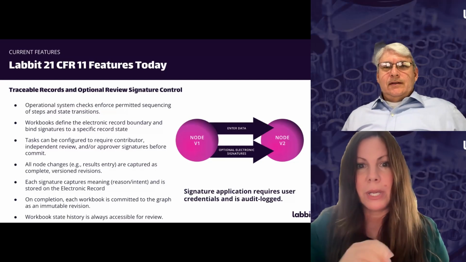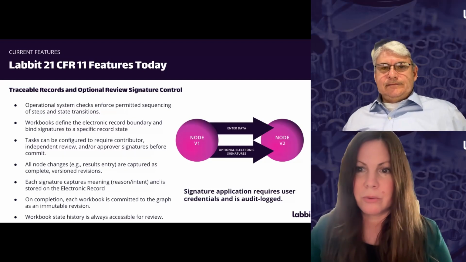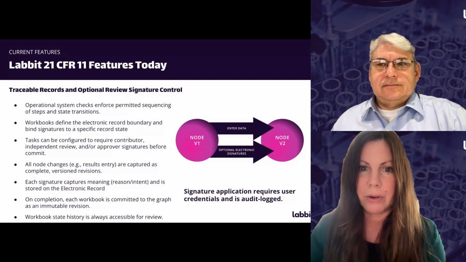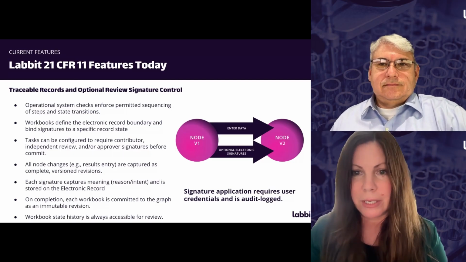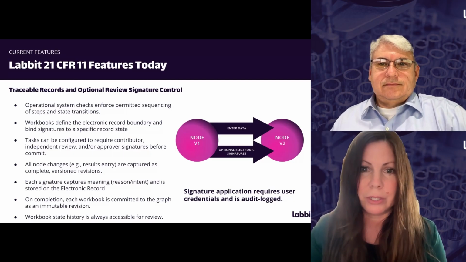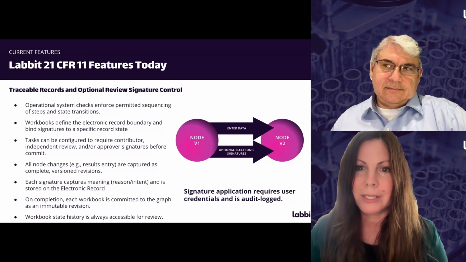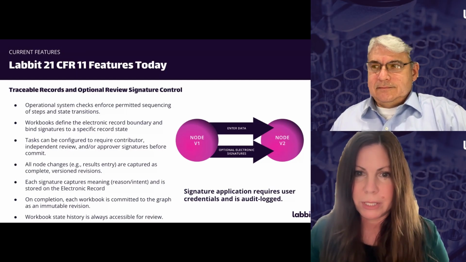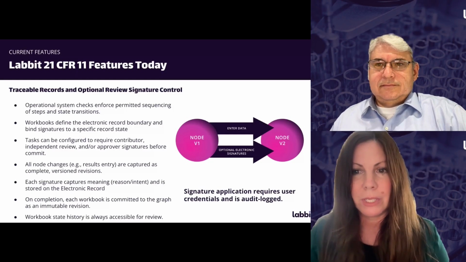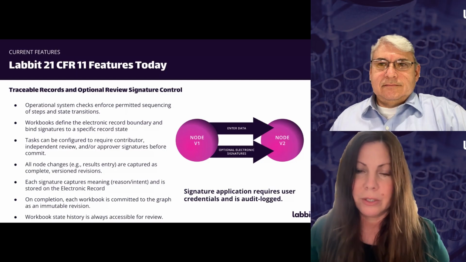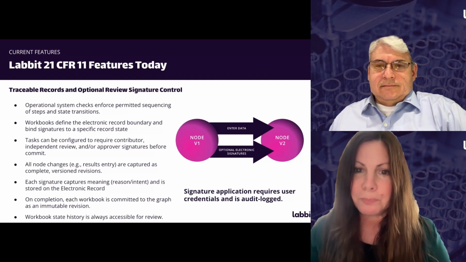Okay, so in summary, let's just go through how Labbit today enables 21 CFR Part 11, which has been designed directly in line with the regulation. We talked about how there are operational system checks in place that enforce the permitted sequencing of steps as well as state transitions. The system is governing what can happen next, and it's preventing out of sequence completion.